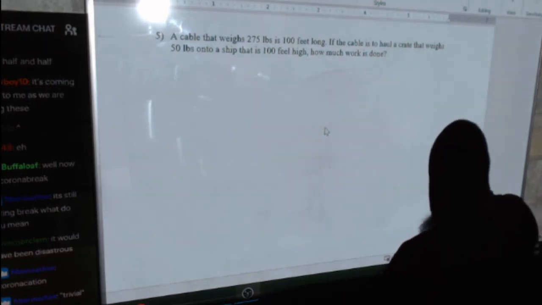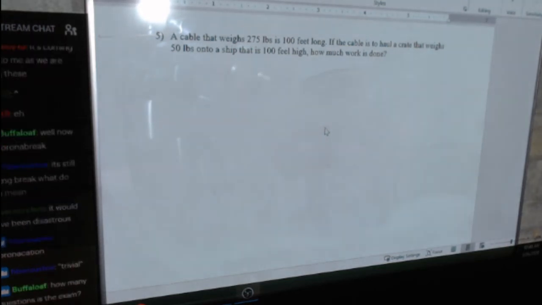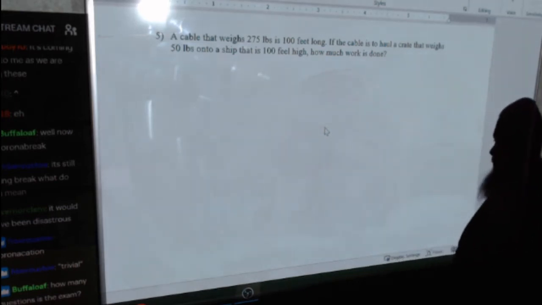A cable that weighs 275 pounds is 100 feet long. If the cable is to haul a crate that weighs 50 pounds onto a ship that is 100 feet high, how much work is done? As soon as we get done with the review, I will explain all of those questions.